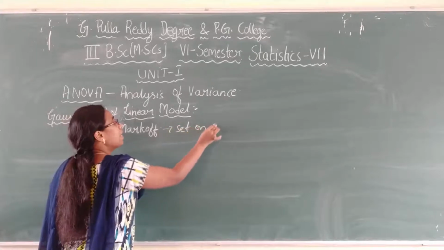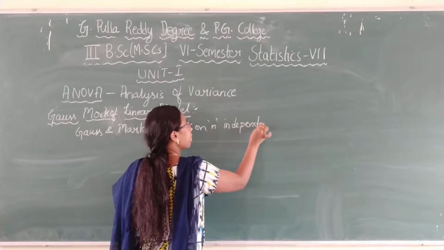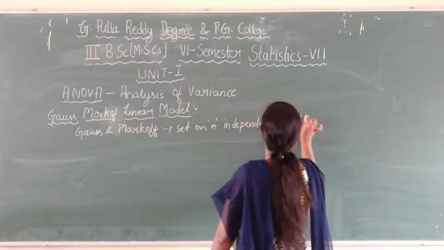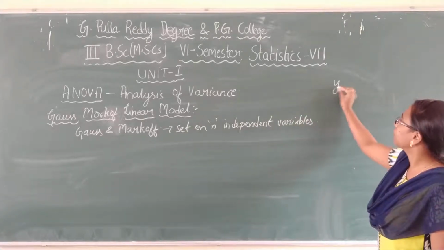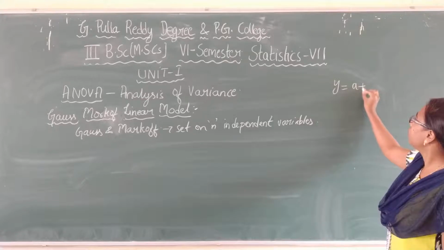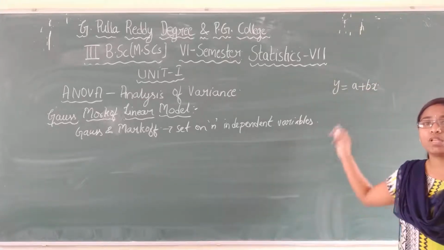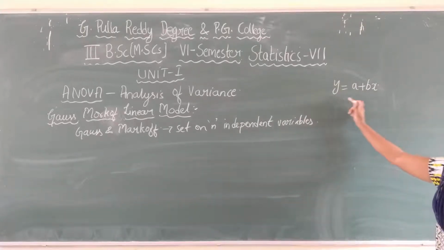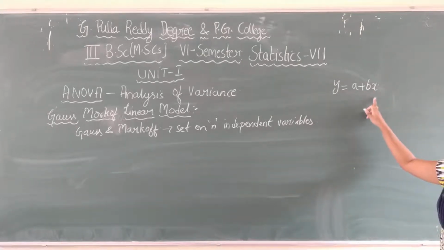set of n independent variables. Suppose I am writing a regression line. How will we denote the regression line? y equals a plus bx, which is in the form of a straight line, where y is the dependent variable and x is the independent variable.